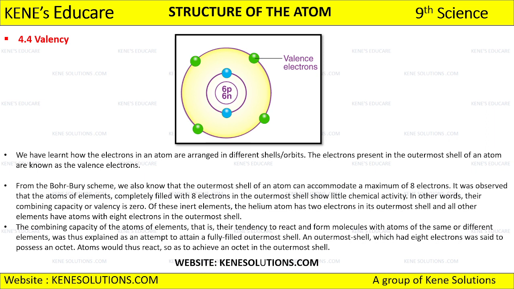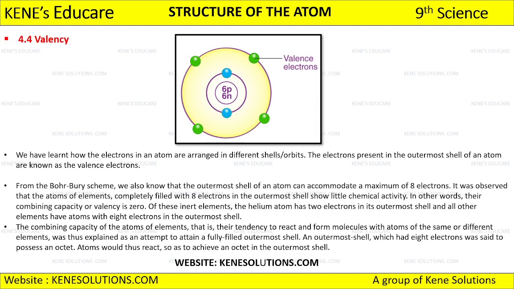The electrons present in the outermost shell of an atom are known as valence electrons. Always remember this: whatever number of electrons are present in the outermost shell of an atom, we know them as valence electrons.